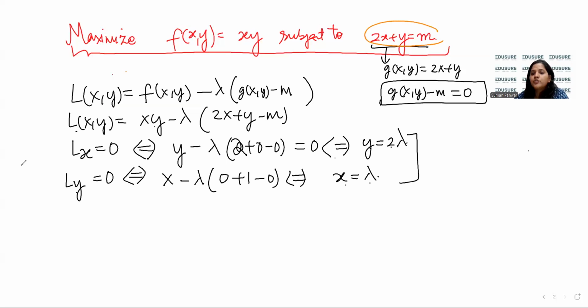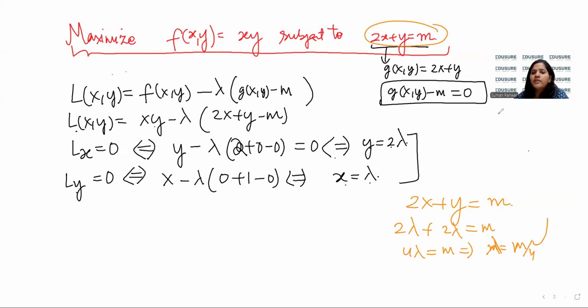Now what we have to see is the constraint 2x plus y equals m. So that means 2 lambda plus 2 lambda equals m. So 4 lambda equals m. This would imply lambda equals m by 4.